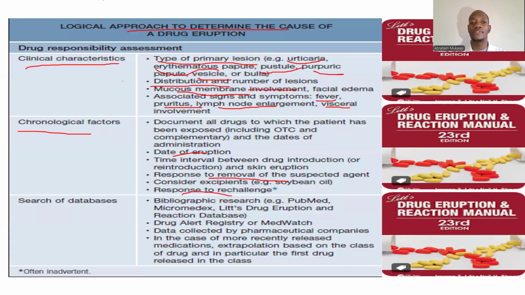There's what we also call response to re-challenge. So after taking off the medication, you can introduce one by one and then see which one triggers a reaction. We've seen this in patients that we manage for tuberculosis, where you give the 4 drugs. You are giving isoniazid, pyrazinamide, ethambutol, and rifampicin. So in that case, if someone gets what we call DILI, drug-induced liver injury in tuberculosis, you take off all the medicines, then you re-challenge the patient.